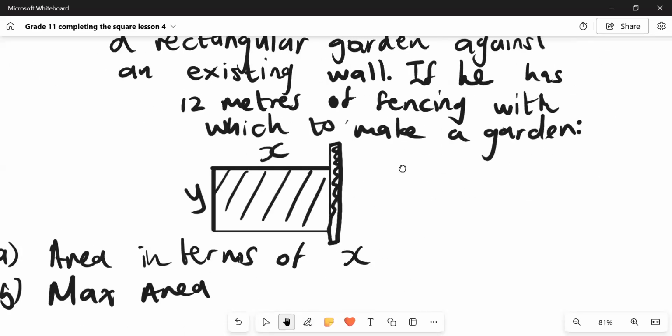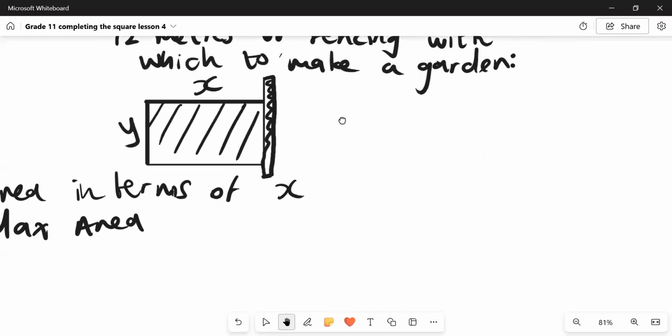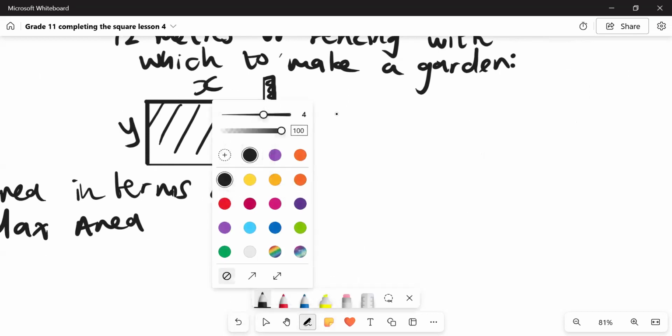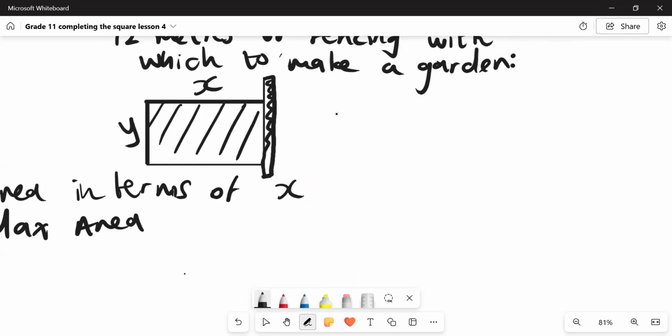So going back, this whole thing becomes our perimeter, right? But when using the properties of a rectangle, we know very well that the opposite sides are equal, right?